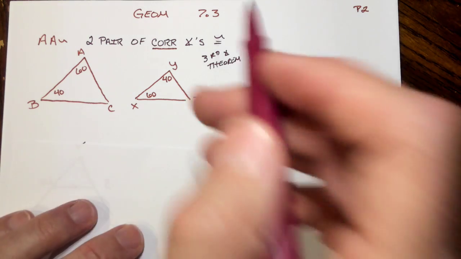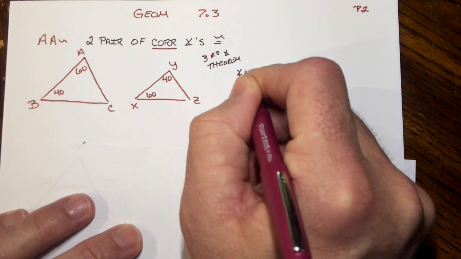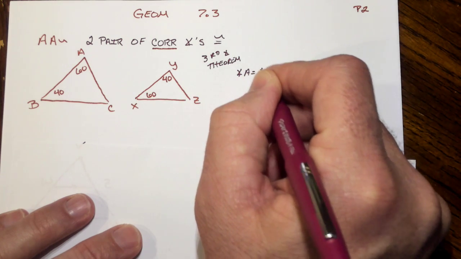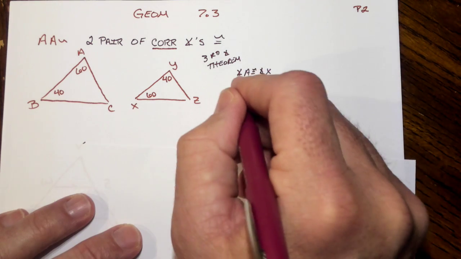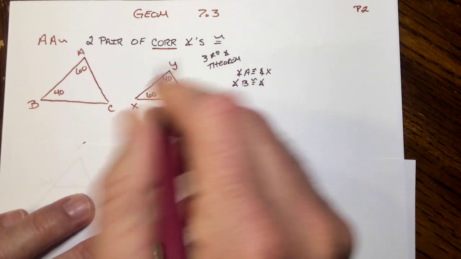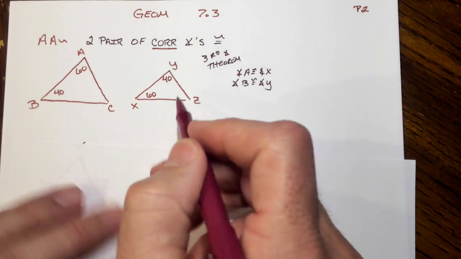But given the information, angle A is congruent to angle X, angle B congruent to angle Y. That's all we need. The third angle is going to be congruent.